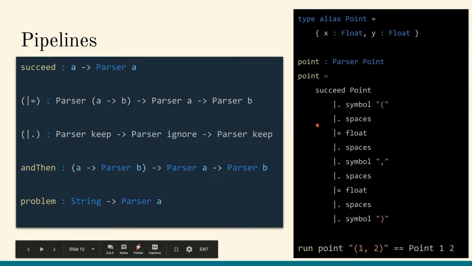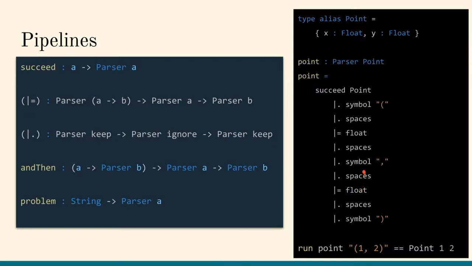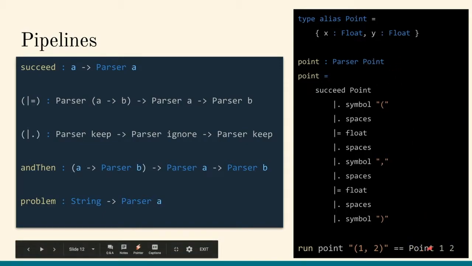So here, when we use the keep pipeline function with float and float, we pass the float values to the point constructor function. That's how we combine all these functions together. Now we get the value of what we want.